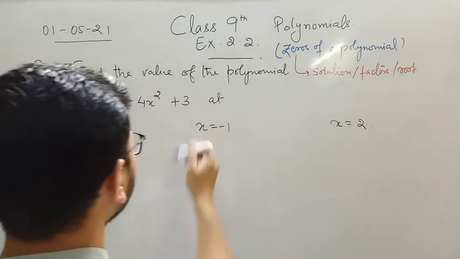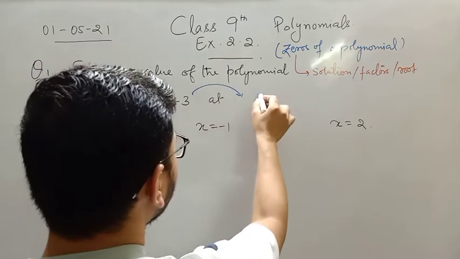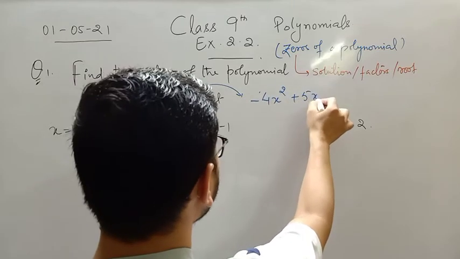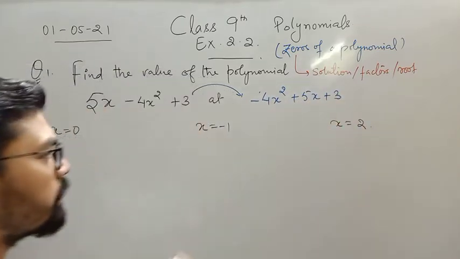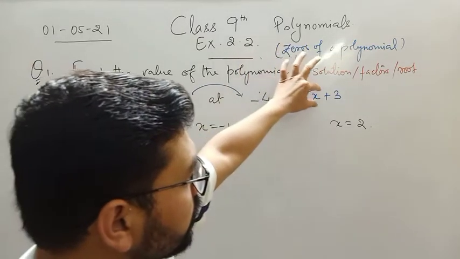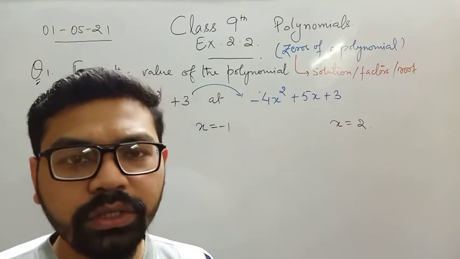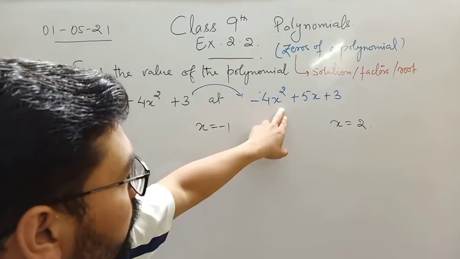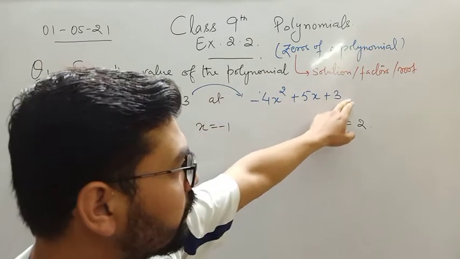The reason is this can be represented like this: minus 4x square plus 5x plus 3. So this is the correct representation of a polynomial, where first you write the highest degree, then lower degree, and then lower degree. Successively you just decrease the degree of the variable. So here is 2, here is 1, and here is 0.